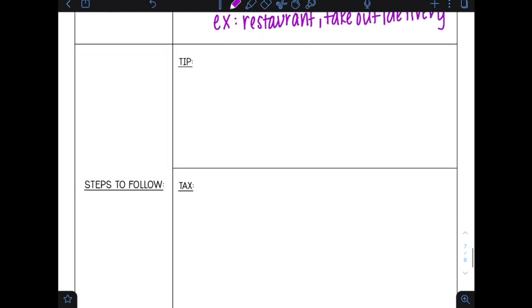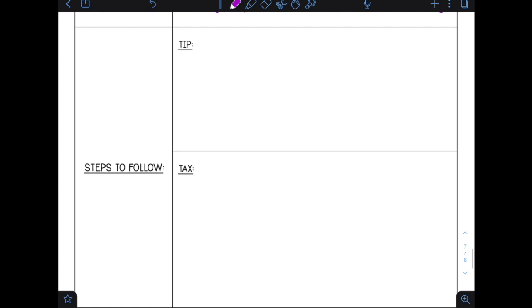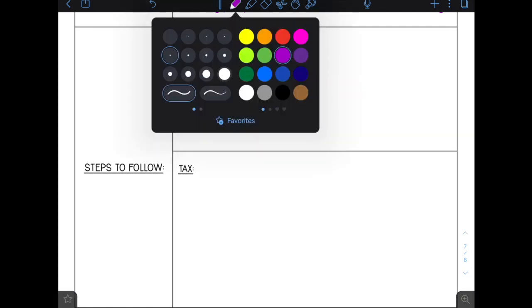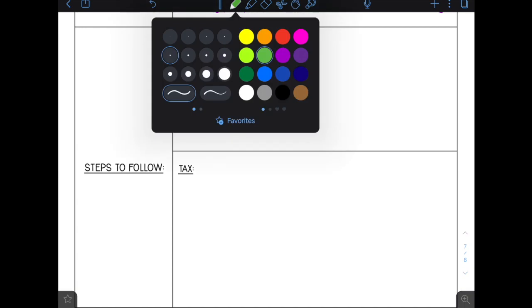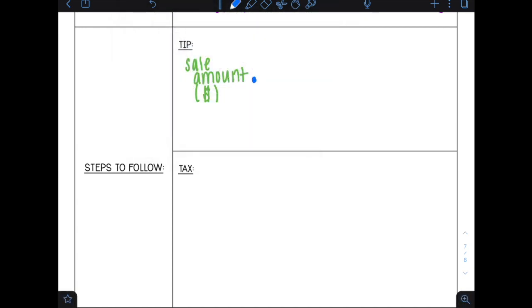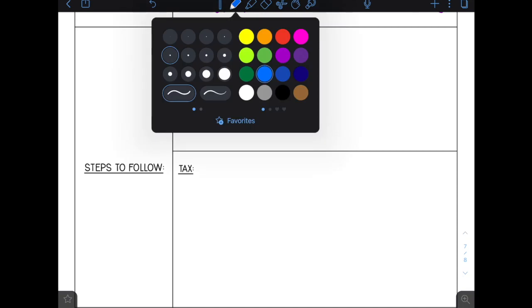So steps that you need to follow in order to find your tip. So your tip, you're going to use a sales amount. However the total is, let's say $20 for a lunch. Then you're going to multiply by the percentage that you're going to use as a tip.